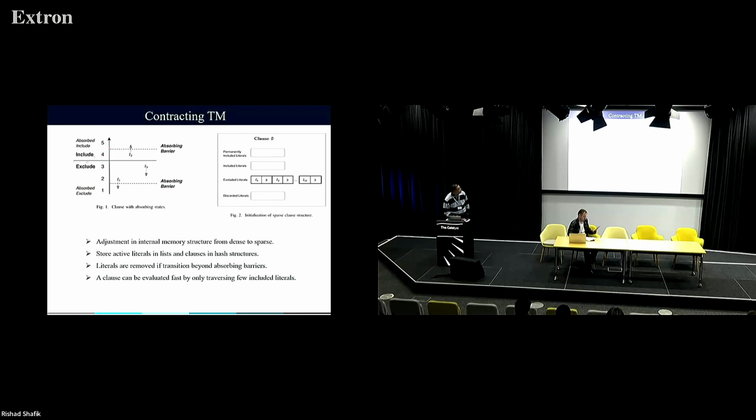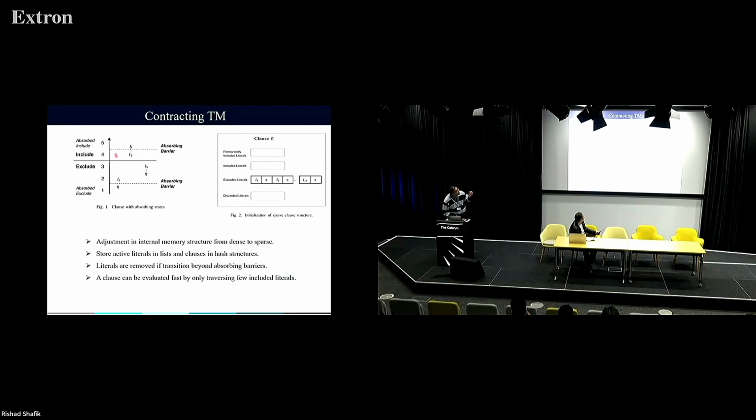We have one line here: above it is include, below it is exclude. Because of this absorbing state, we have a kind of barrier. If the states move below this barrier, the literal will be excluded forever, and there's no chance to get back.